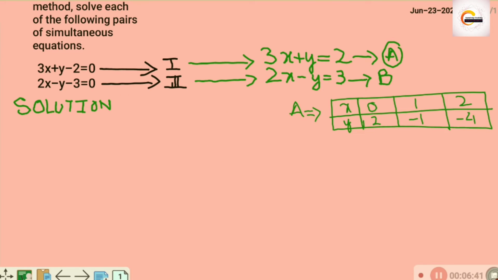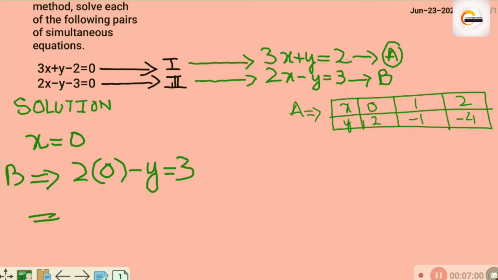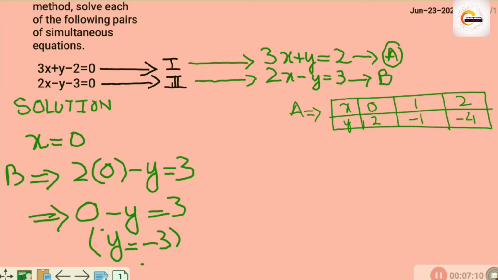Similarly we will put 3 simple numbers. If x equals 0, then equation B will be 2 times 0 minus y equals 3. This will be 0 minus y equals 3, and y will be minus 3. Now x comma y equals 0 comma minus 3.